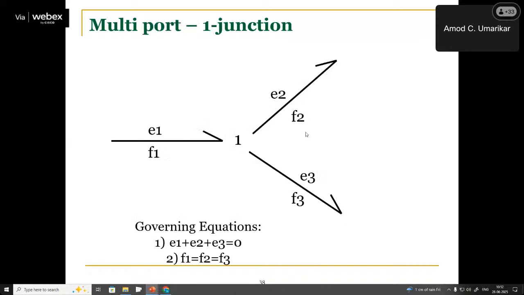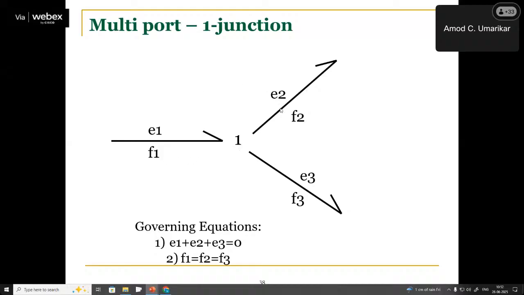So now the multiport one junction. These are very important. This multiport junction helps in overall generalized modeling of the system. You can see that there are 3 bonds associated with one junction.